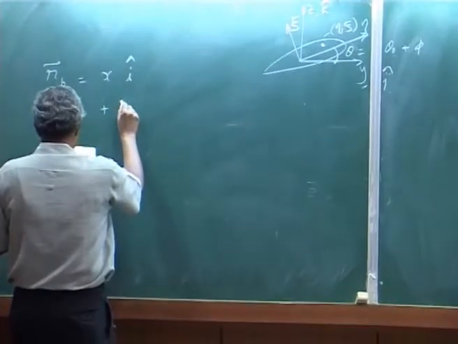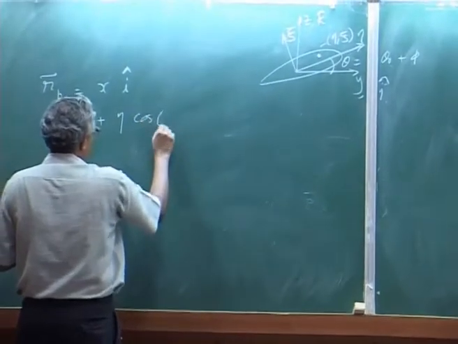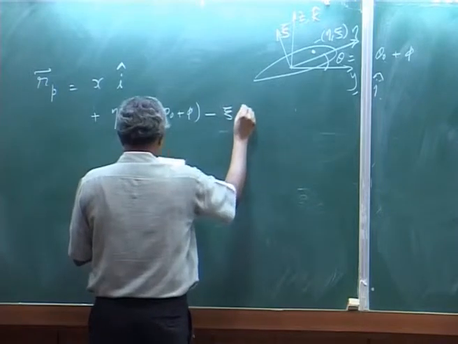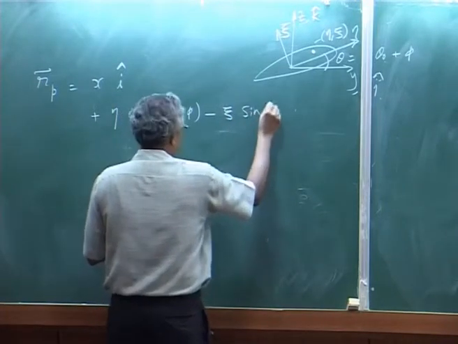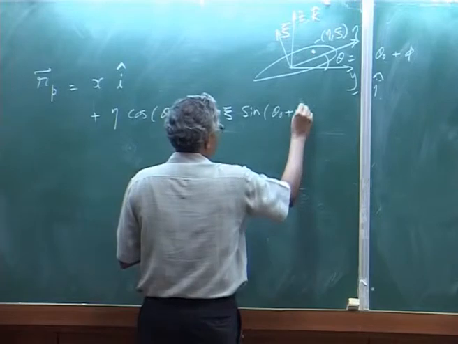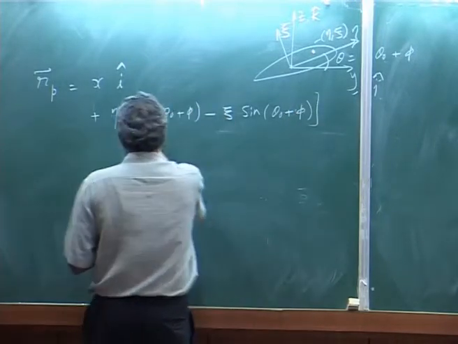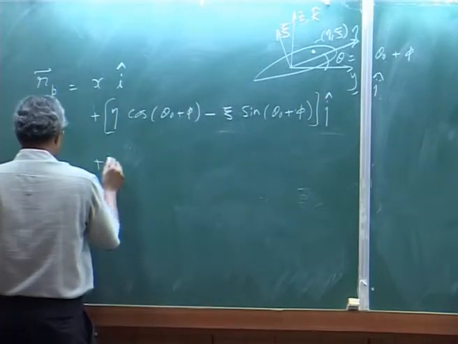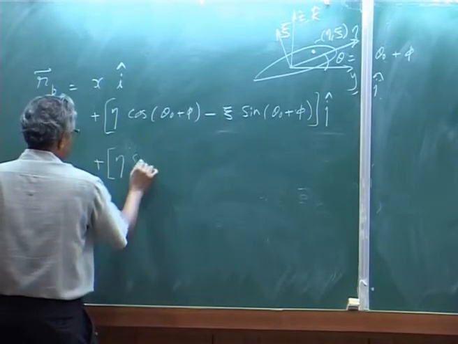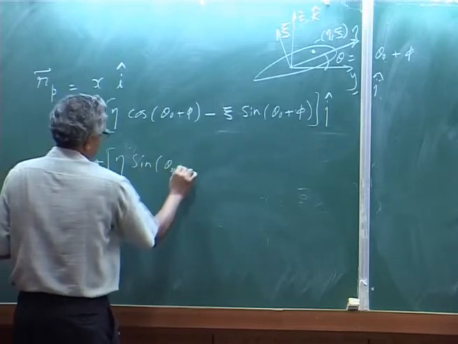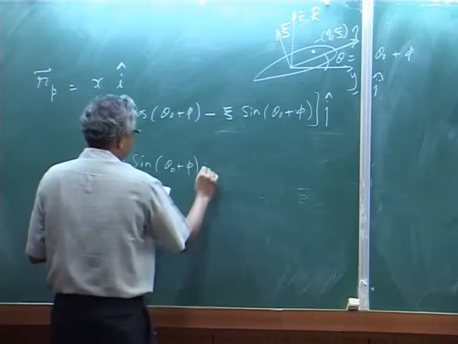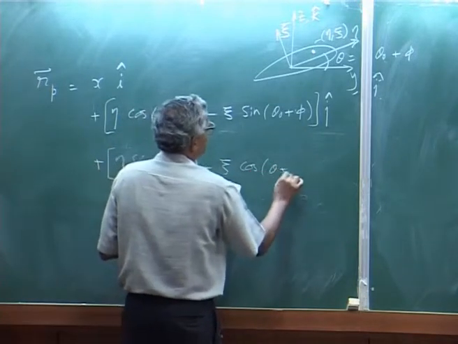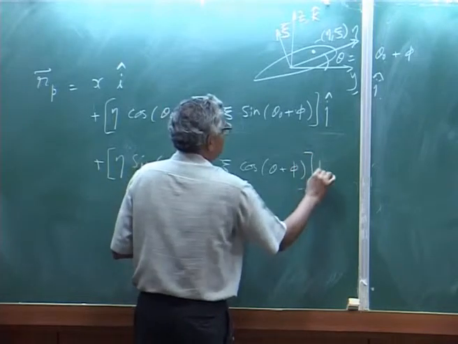You will have plus eta cosine theta naught plus phi minus xi sine theta naught plus phi, this is j, and then plus eta sine, it is just a simple coordinate transformation, plus xi cosine theta naught plus phi k.